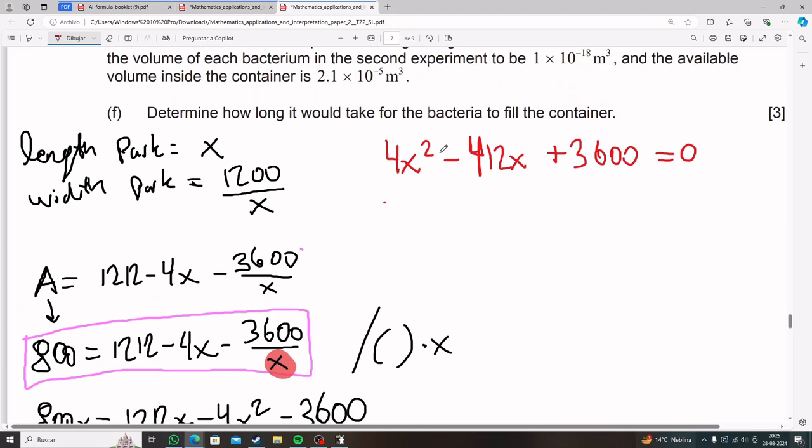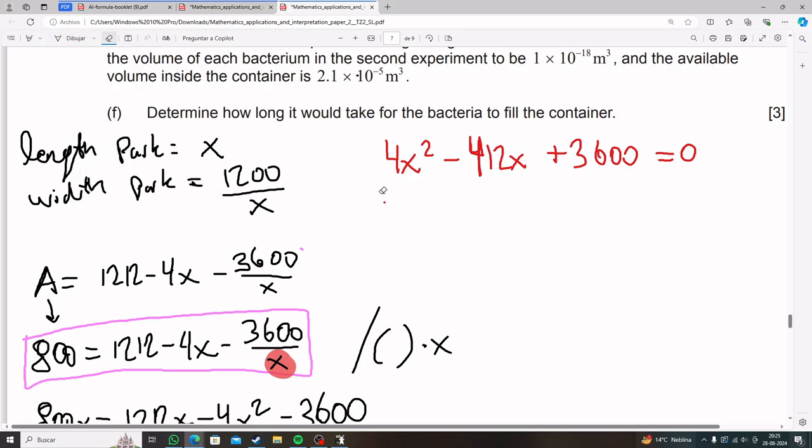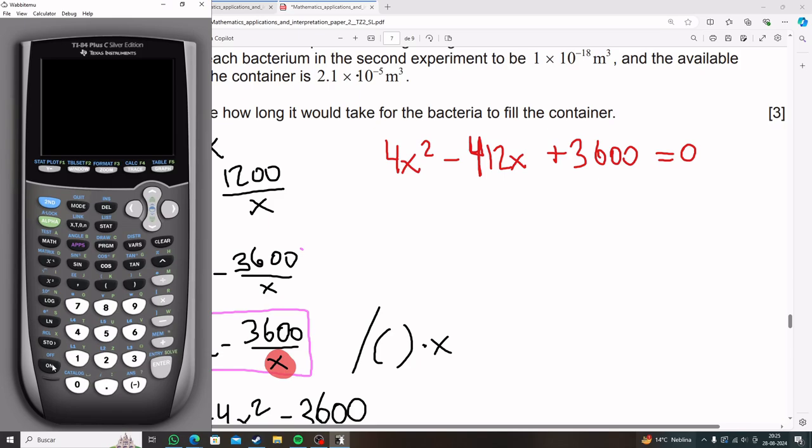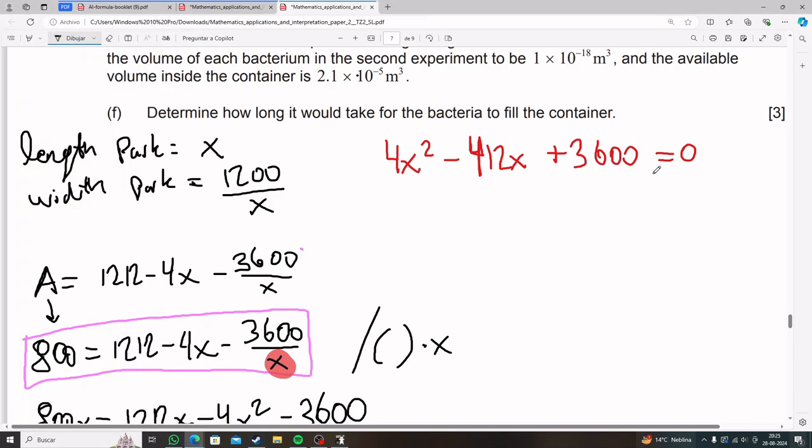Now, because all of these are even, I could technically divide everything by 2. That's just something to make this a little bit more simple. If it equals 0, dividing by 2 still keeps it at 0. This is just to make the numbers more friendly looking.